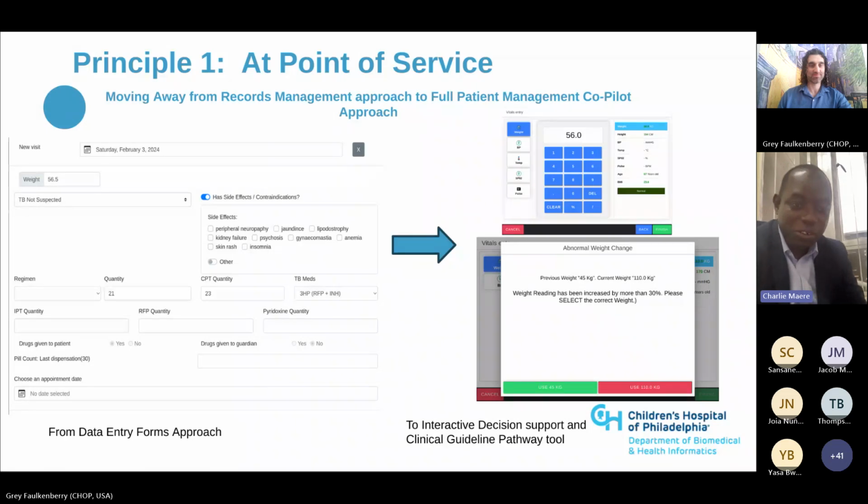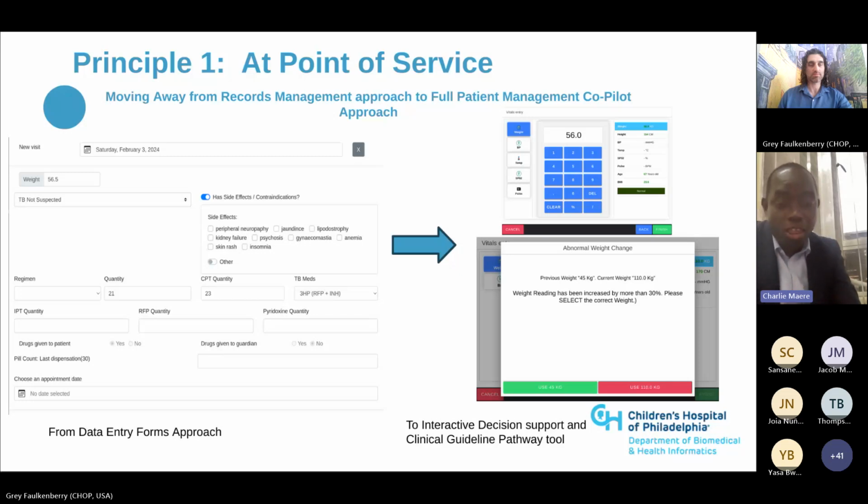To emphasize principle one, if you look to your left, you see a classical data entry form. Most systems, called EMRs or EHRs, are a form where clinicians or data entry clerks enter data at point of service, or maybe retrospectively after the end of the day.